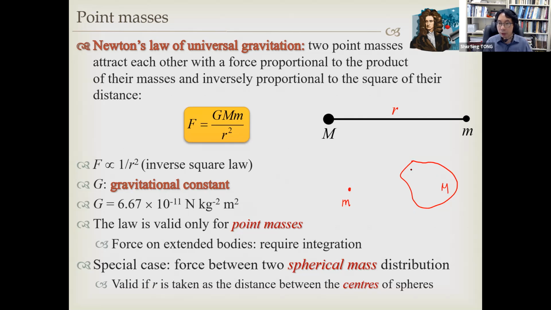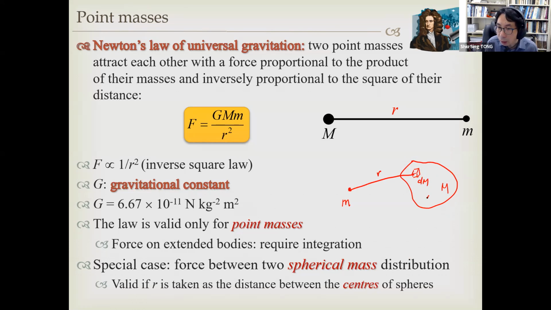The point is because an extended body has a distribution of mass over space. So different tiny volumes in this distribution have different distances. This dm will have a distance r from the point mass m, right?